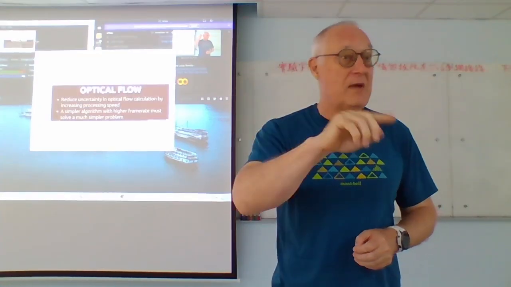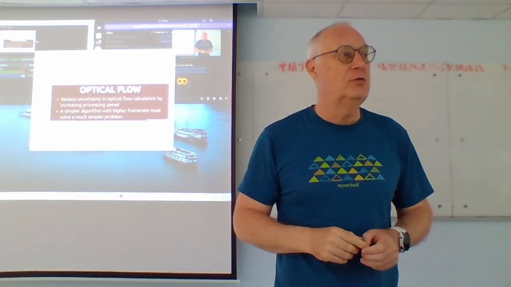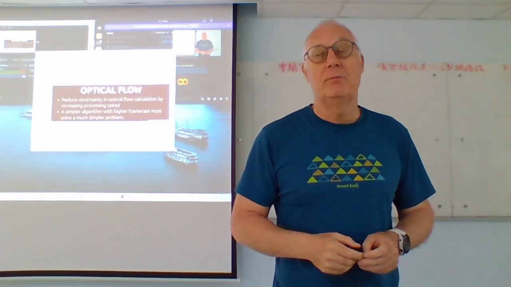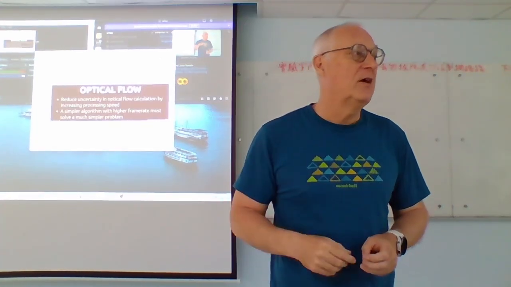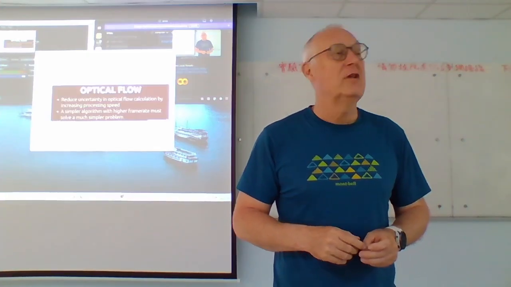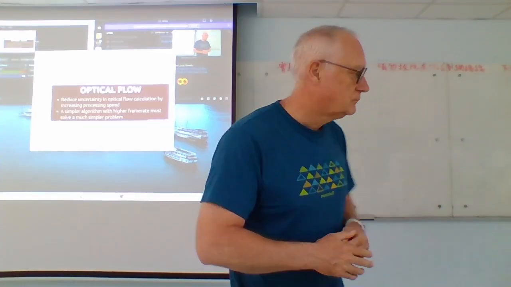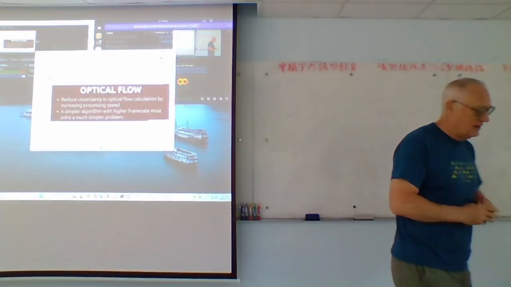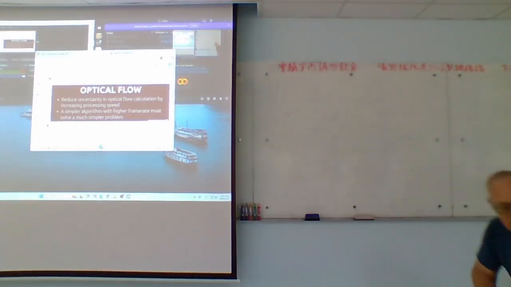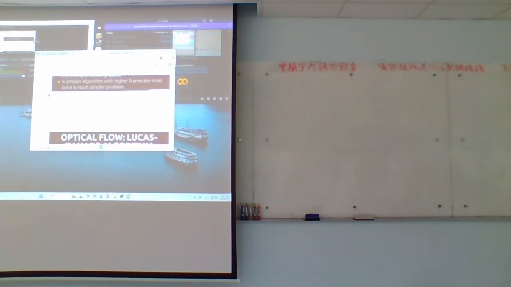If it moves by a maximum speed of 2, because your algorithm is more complex, now you have to look at a 25 pixel neighborhood, which is more than twice as big as what you had before. So this is a kind of interesting feature of the optical flow problem, that many other problems in computer science usually don't have this kind of trade-off that you need to be aware of.